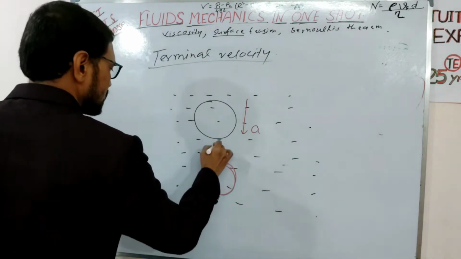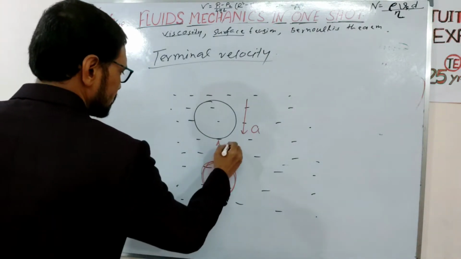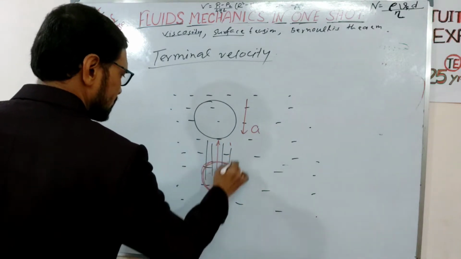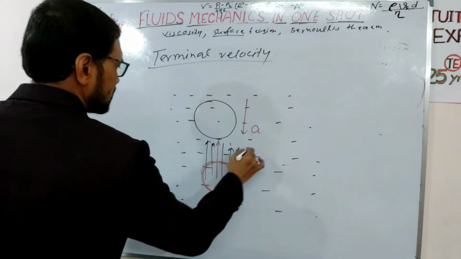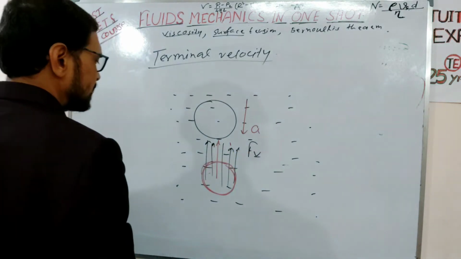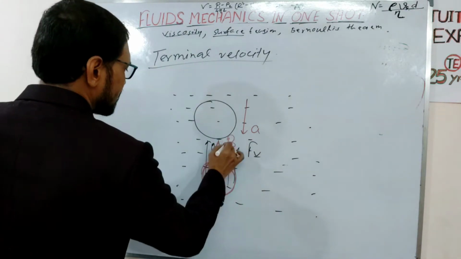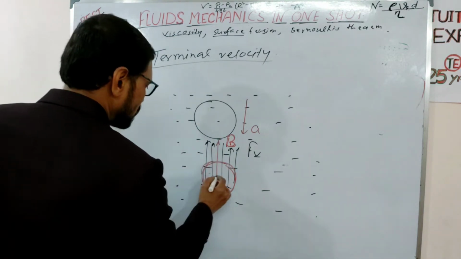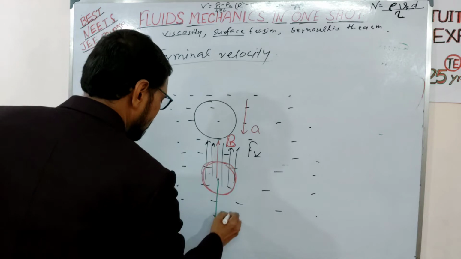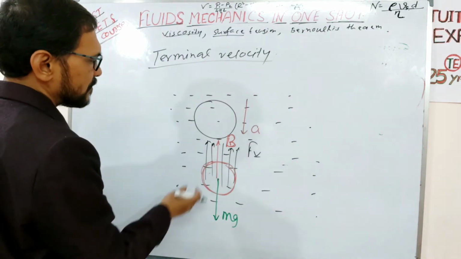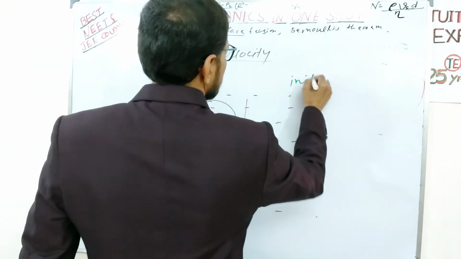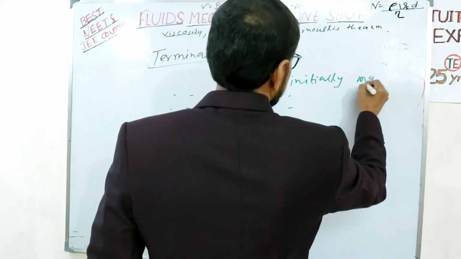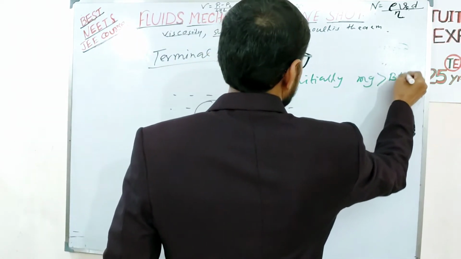viscous force acts upward, and buoyancy force acts in the upward direction and weight acts downward. Initially mg is greater than B plus the viscous force.